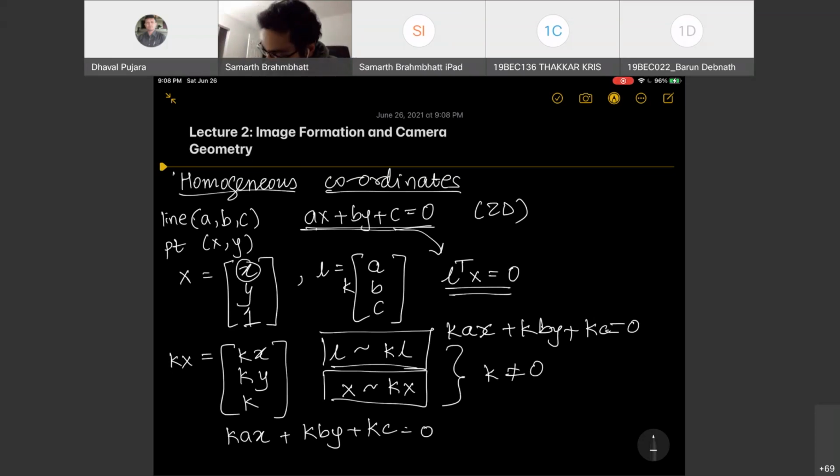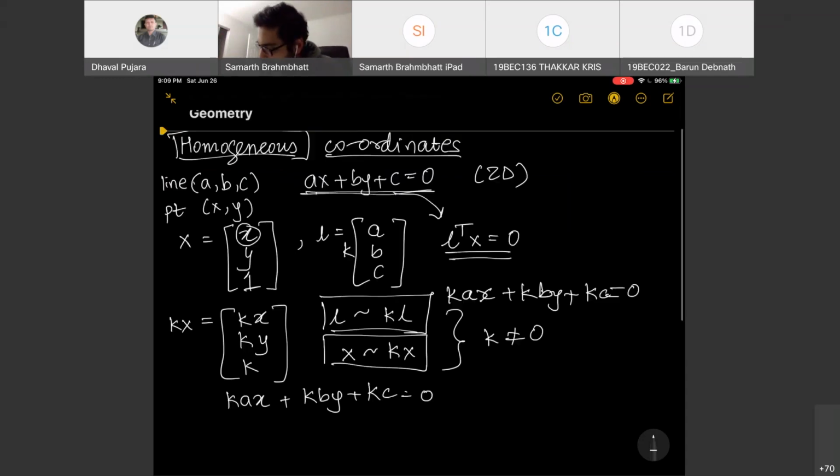So this is the whole concept of homogeneous coordinates, and actually it has some deep mathematical significance, but right now we are not going to go into that. For computer vision, at least right now, we can just treat it as a very convenient representation of points and lines, because it gives some properties to points and lines which will be useful.